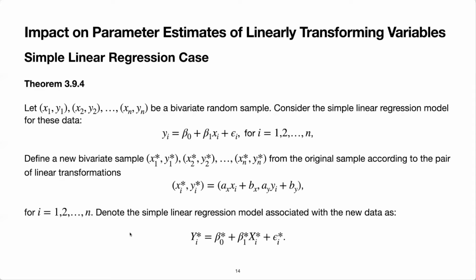And then once we've done that, let's denote this simple linear regression model associated with the new data as follows: y sub i star equals beta 0 star plus beta 1 star times x sub i star plus epsilon sub i star.